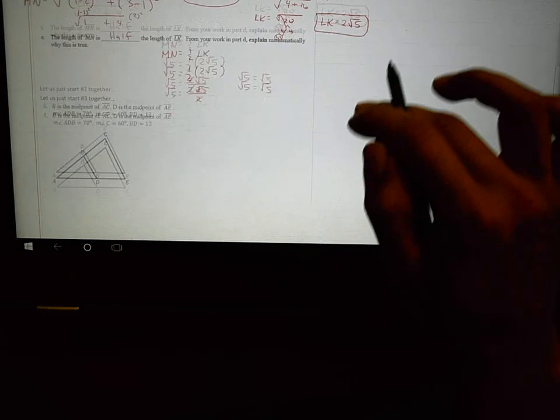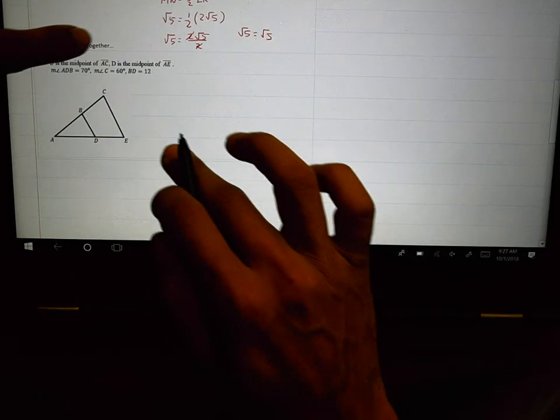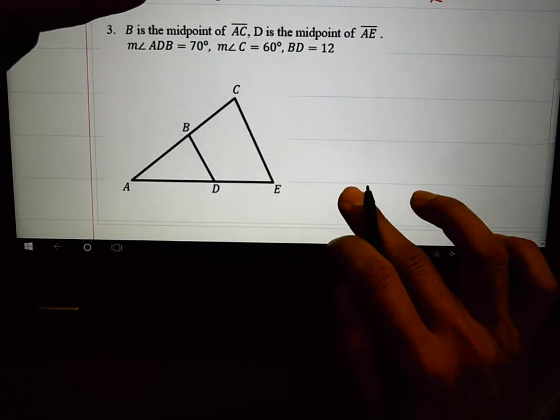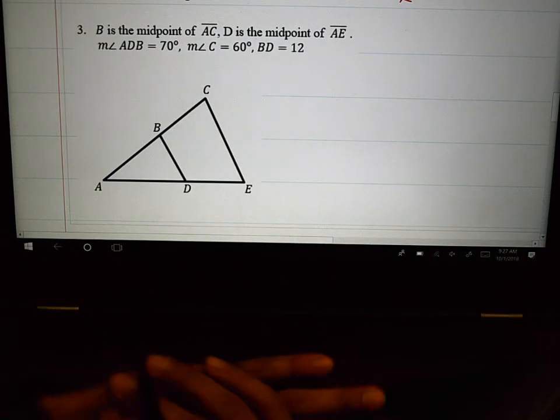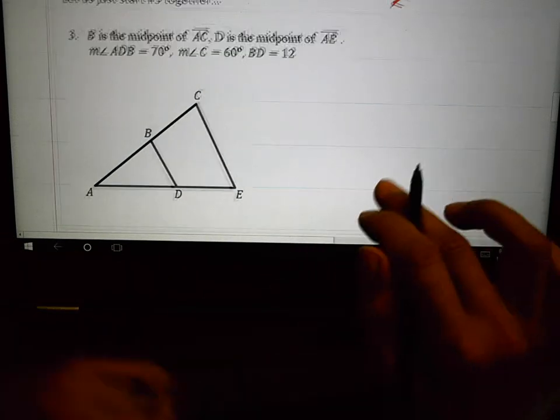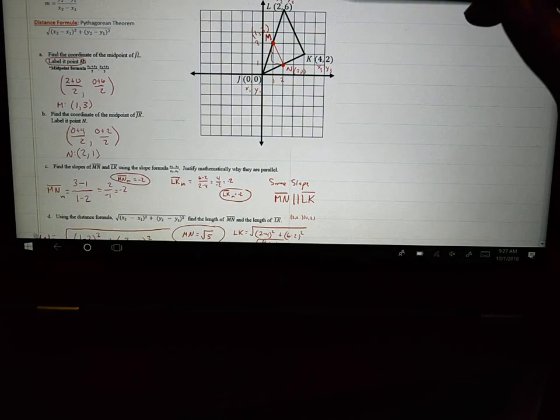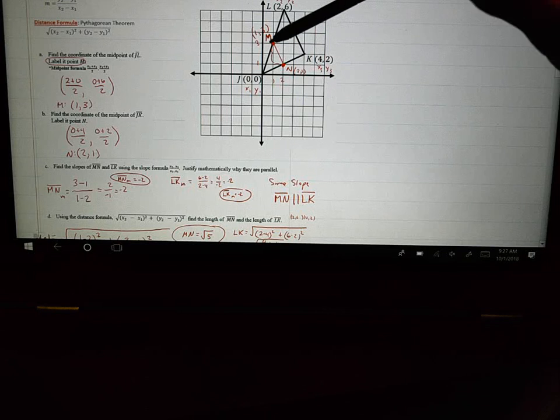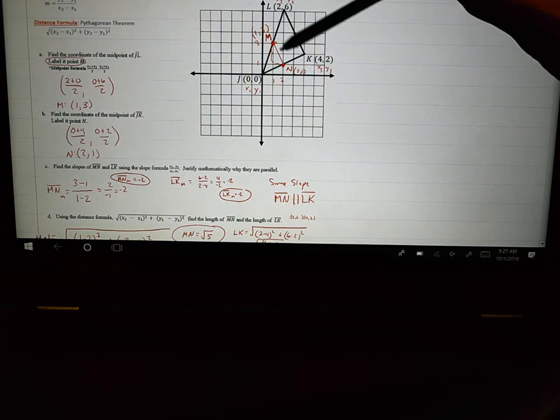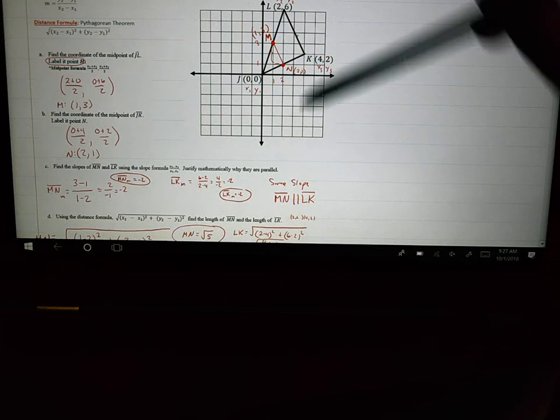The only other thing that you're going to have to be able to do is do a problem that starts off like number 3. Well, first and foremost, I'm going to give you a hint by looking at this picture. When we found the midpoint over here, and we found the midpoint over here, this red line is called a midsegment.